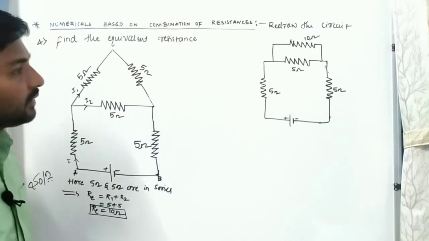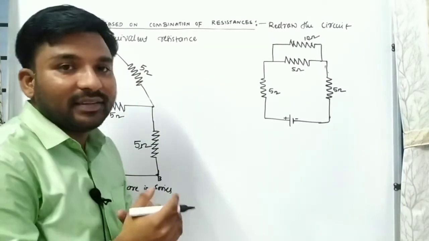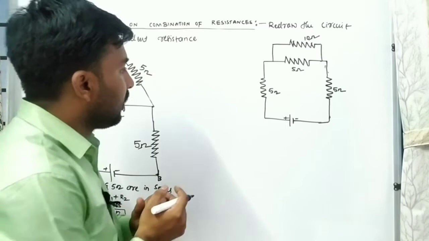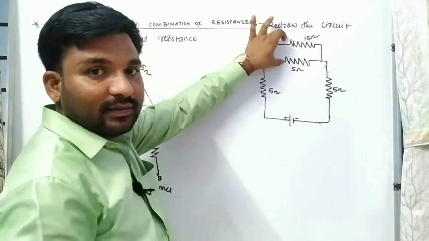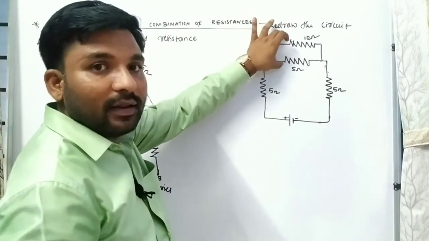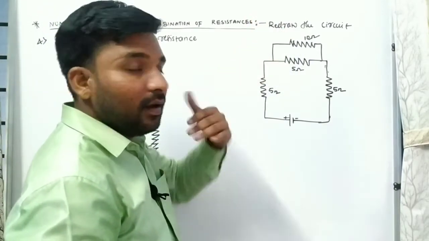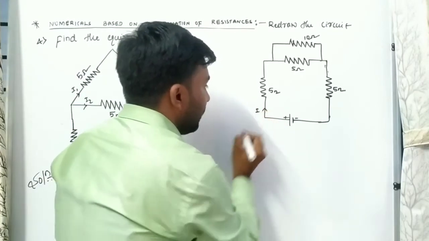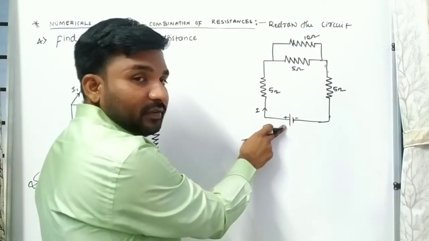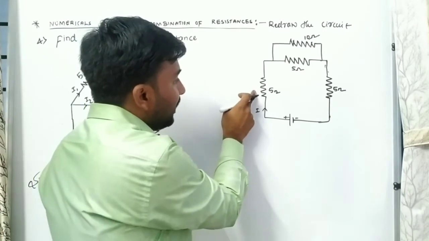Right. Now look at the circuit diagram now. Now these 2 resistors are in parallel. How? Look at here. Current I is flowing from the positive terminal of the battery.